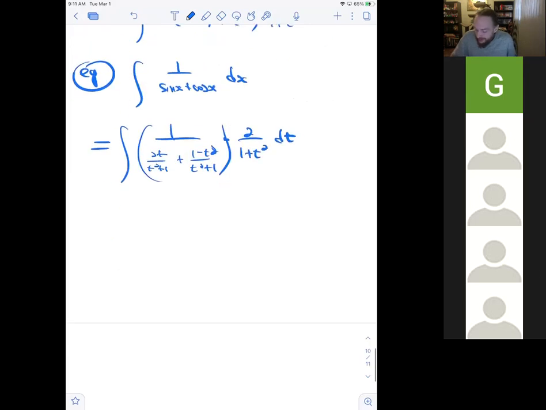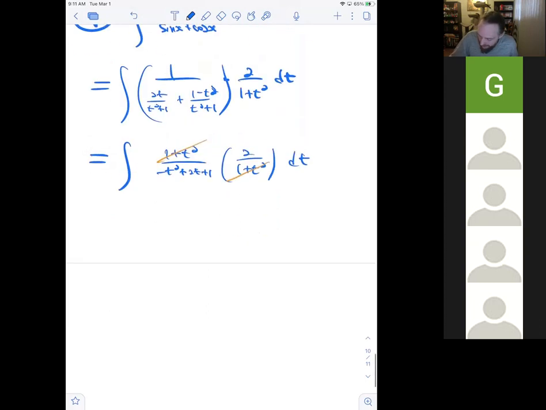That's just putting the substitution in. Once I've done the Weierstrass substitution and I clean this up, I'm going to get the integral of 1 plus t squared, getting a common denominator and then flipping it. And then what do I have? Negative t squared plus 2t plus 1. And then we have 2 over 1 plus t squared dt. So the good news is these two things canceled each other.